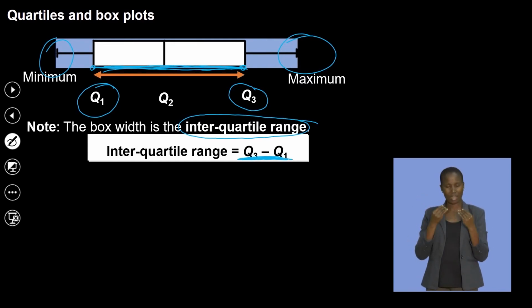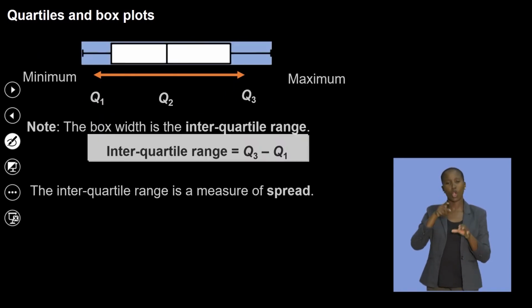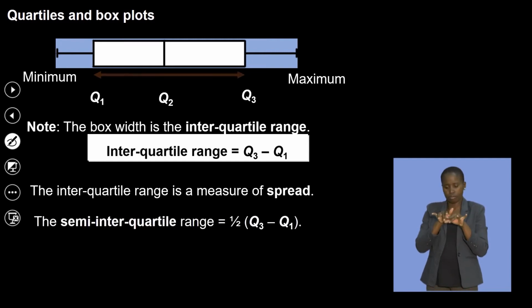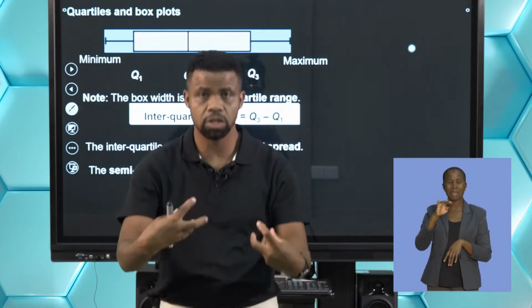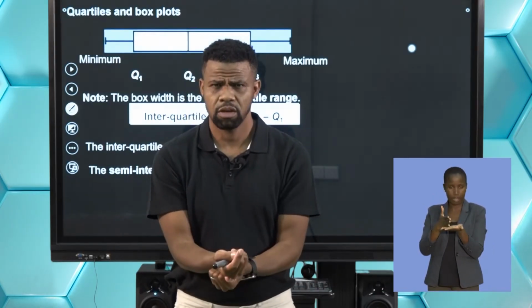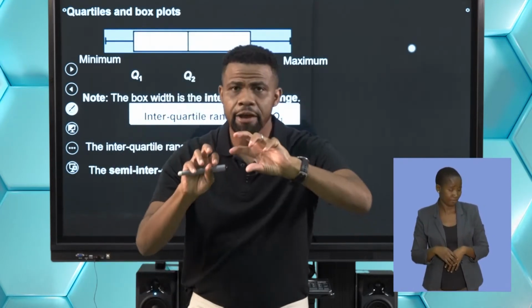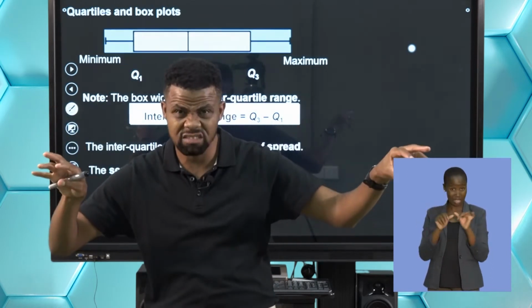So that's the interquartile range. The interquartile range is a measure of spread. The semi-interquartile range is just half of the interquartile range. So the range is not a good measure of spread because it can be affected by what?